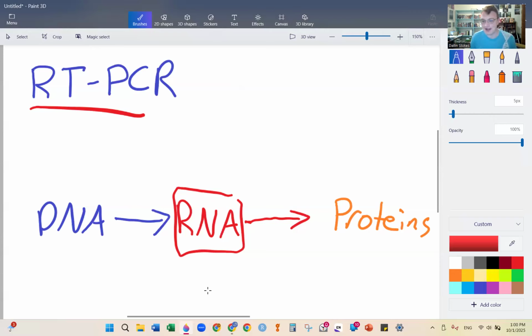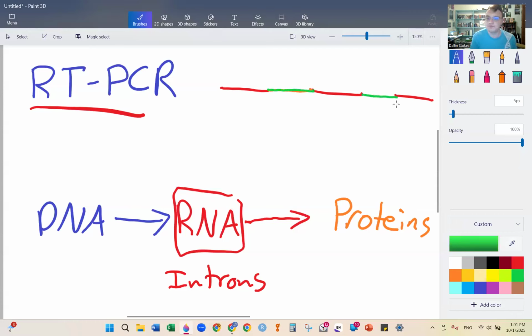If you remember from week 1, introns were pieces of junk DNA that were embedded in the middle of the gene. So if this is my RNA and it's got these introns here in the middle, right? When we go to build the protein, we don't want these introns in the middle.